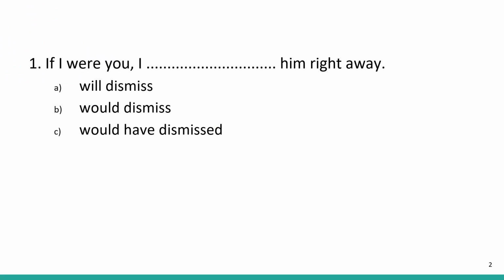This is fill in the blank. First question, if I were you, I'd dash him right away. Now if we look at this part, this is were you. It means this is verb second form. This means that this is type 2 condition in which the first clause is of past indefinite tense, that is subject plus verb 2, and the remaining clause will be like subject plus would plus verb first form.